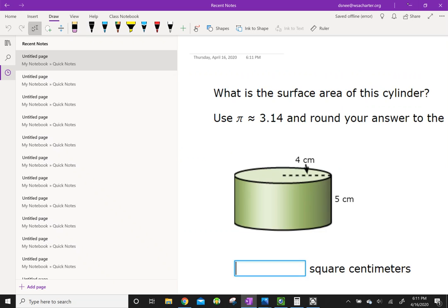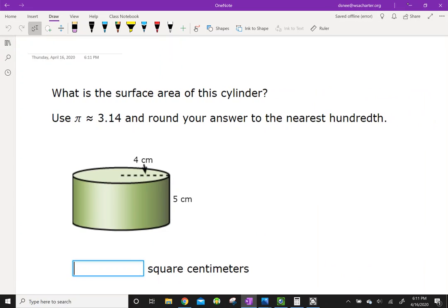I'm going to find the area of the top and the bottom first. Okay, area equals pi r squared. And remember, I have 2 of those, so we multiply by 2. So let's do 3.14 times 4 squared times 2.